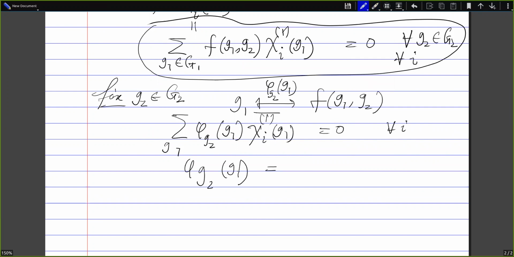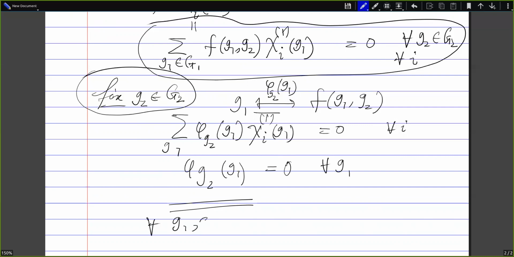So phi_g2(g1) is 0 for every g1, and this is what we get for any g2 we start with. Therefore we get for every g1 and g2 that phi, which is defined as f(g1, g2), is 0.